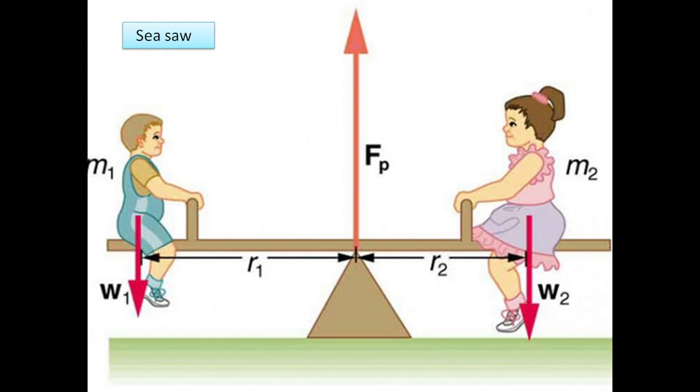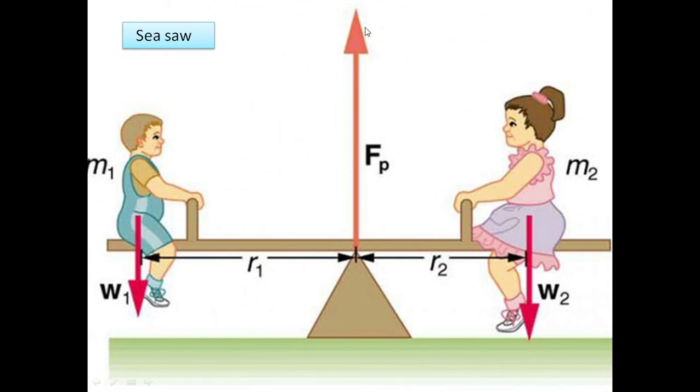Here also you can see a seesaw, and these children are not moving the seesaw. So here also you can see three parallel forces. The weight of this boy acts towards the earth, the weight of the girl acts towards the earth, and the reaction from this support, the support is shown here, the reaction force acting here is shown by this arrow.